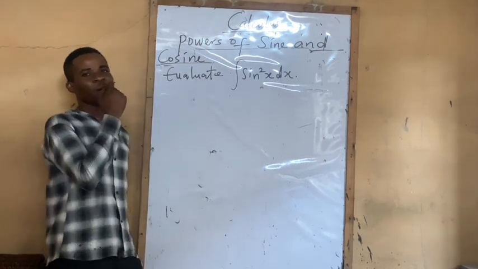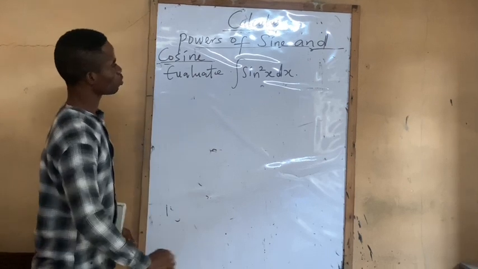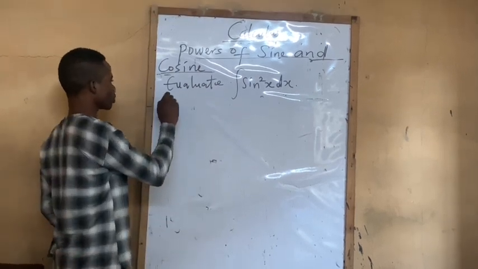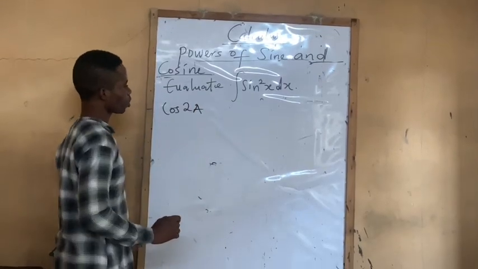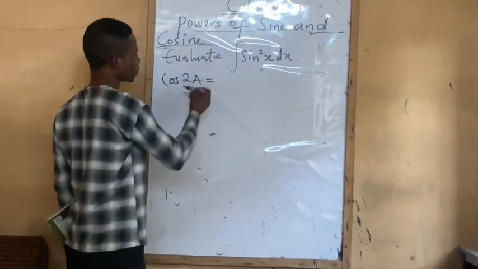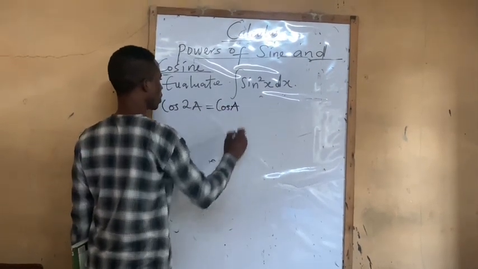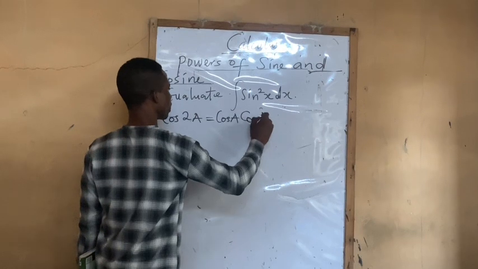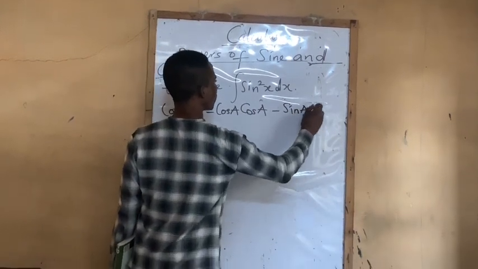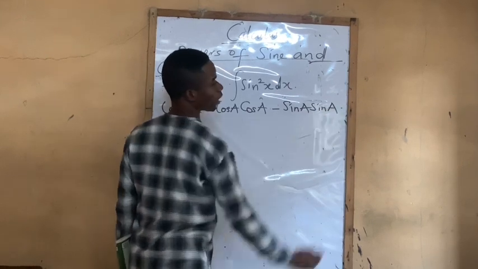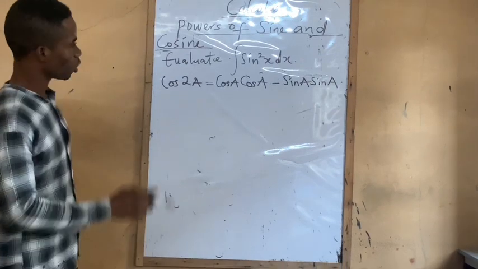Now, if you can remember from our trigonometry, that when we have cos 2a, that is cos of a plus a. So it's going to give us cos a cos a minus sine a sine a, from our cos 2a, if you could remember.